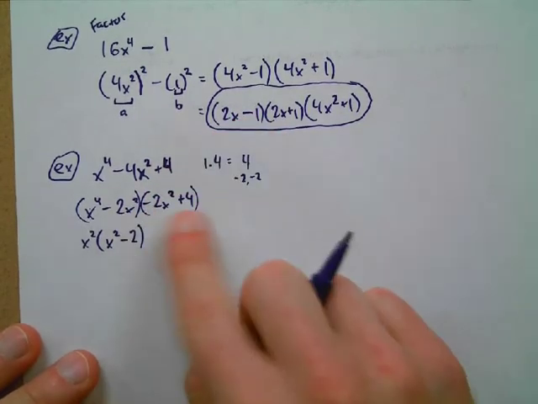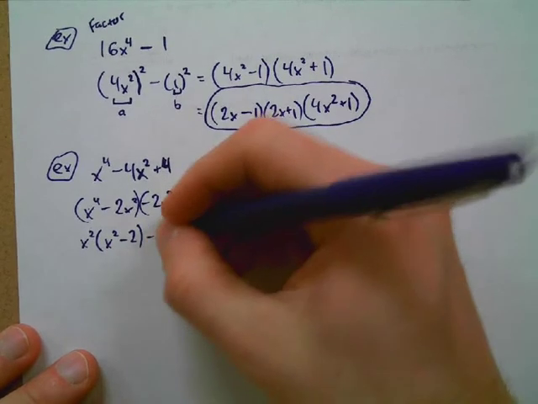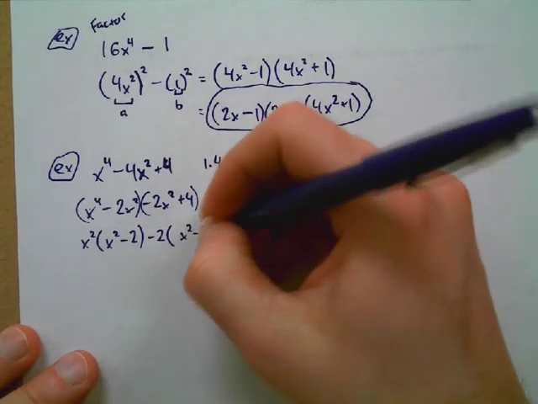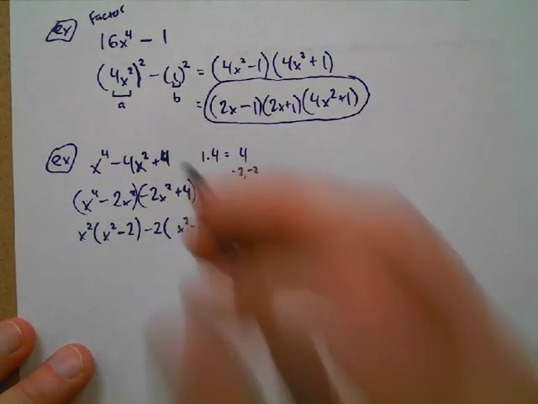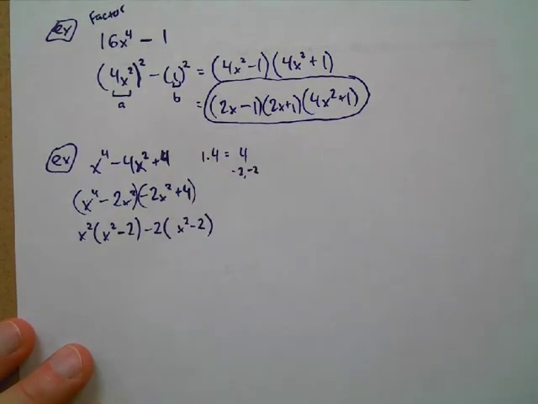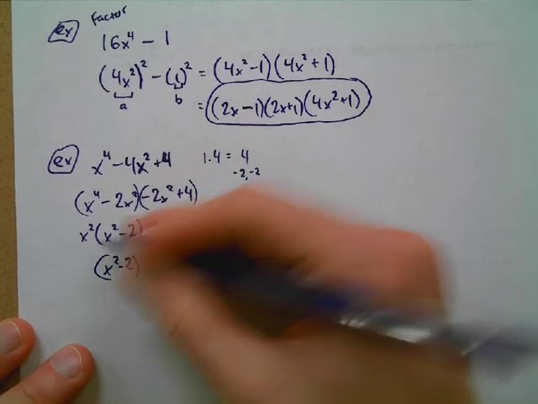From that second group, we can take out a negative 2, and we'll be left with x squared minus 2. Okay, factor out the x squared minus 2, and we're left with an x squared minus 2.